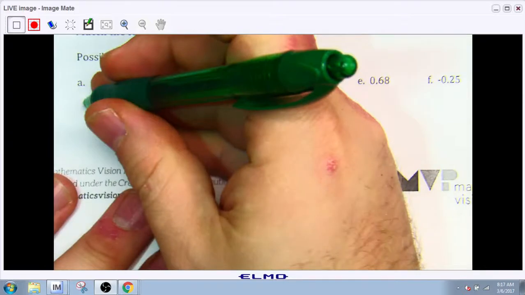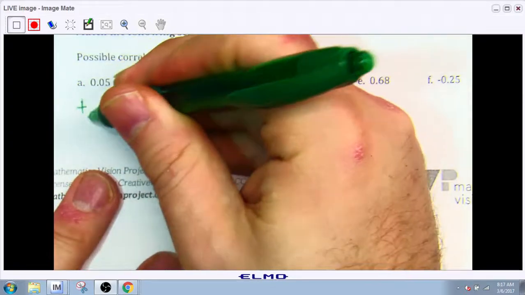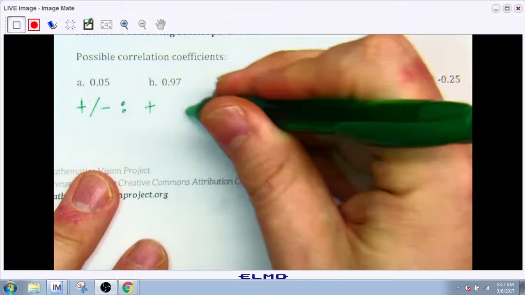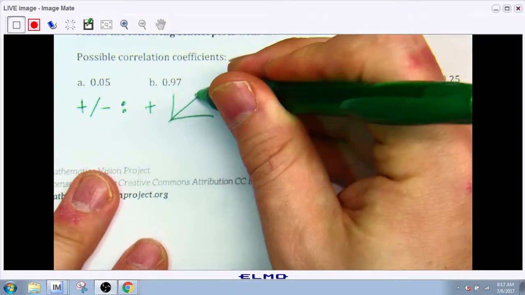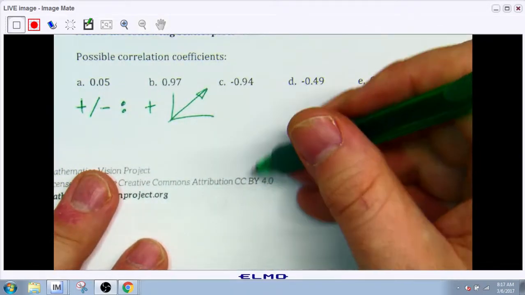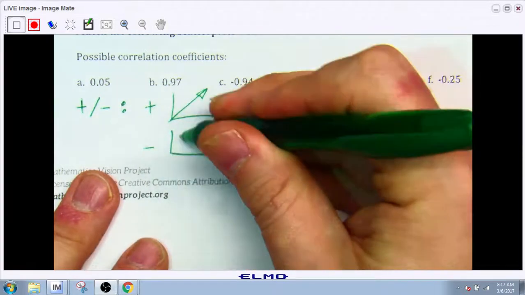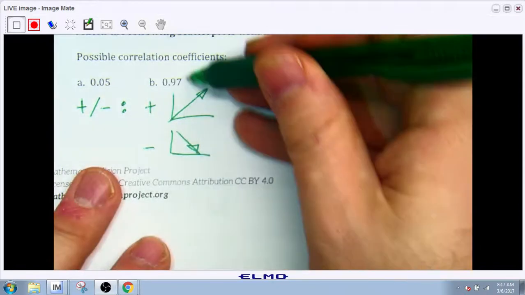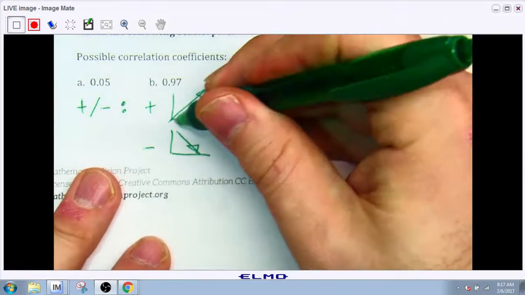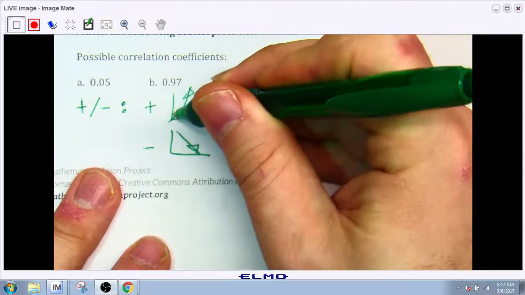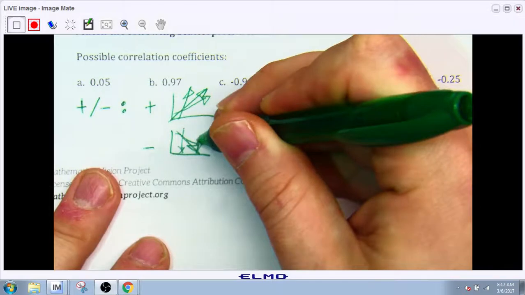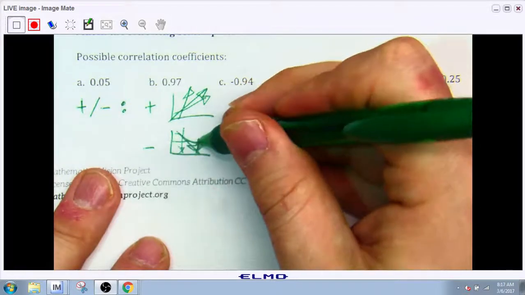The first is whether it is positive or negative. A positive correlation coefficient will appear to move upwards like a positive slope, whereas a negative correlation coefficient will appear to move down as though with a negative slope. The degree of the slope doesn't matter, as long as it is a positive relationship. Same thing with negative: the degree to which it is negative doesn't matter so long as it is negative.